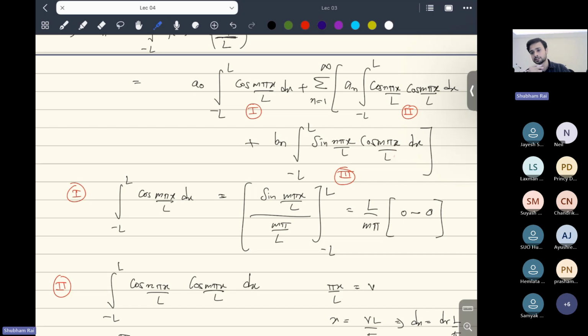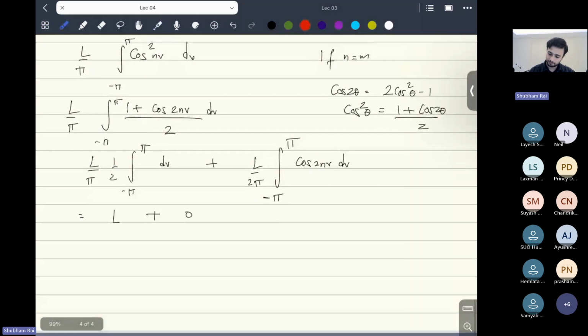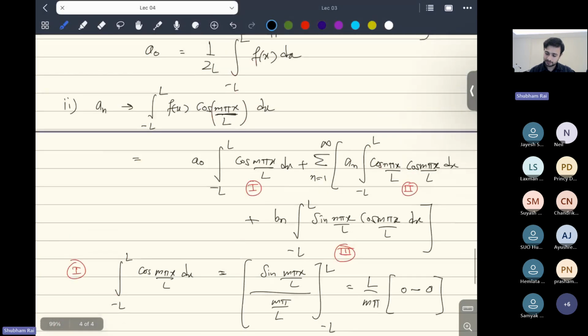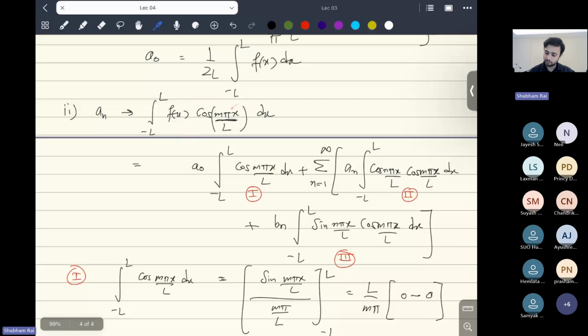In orthogonality relations, I told you that if we have sine and cosine, it doesn't matter if n is equal to m or n is not equal to m. For both cases, it will be 0. The third term anyway will be 0.